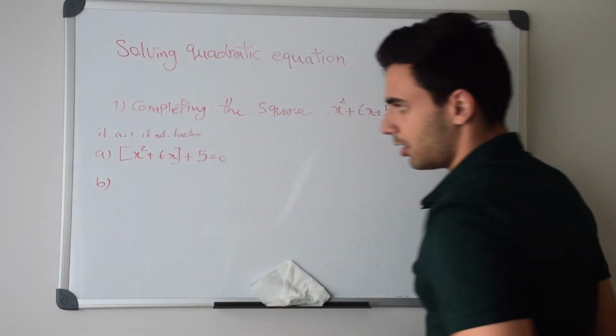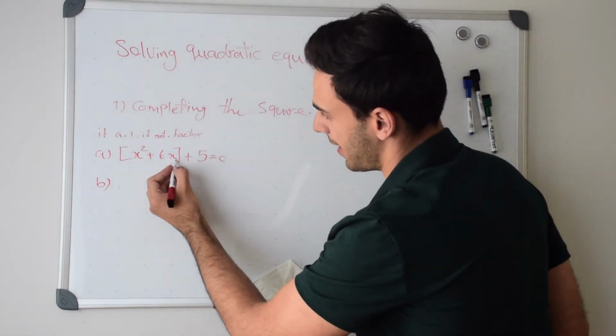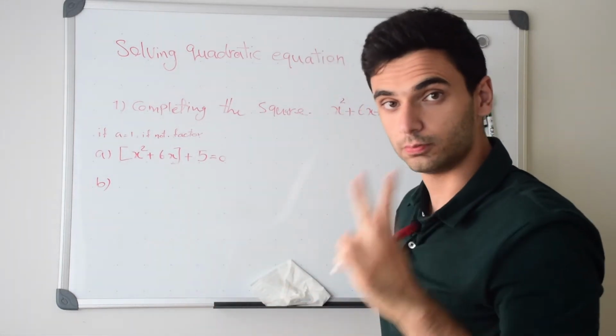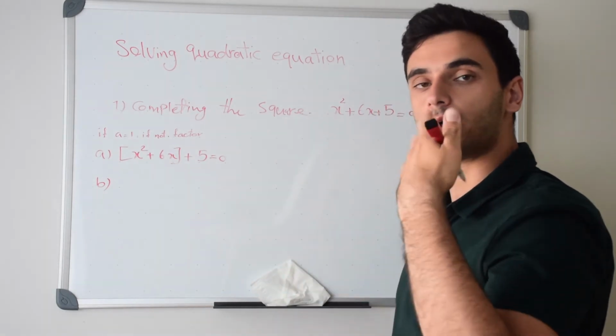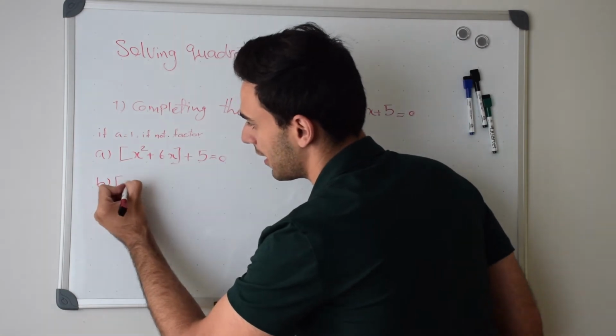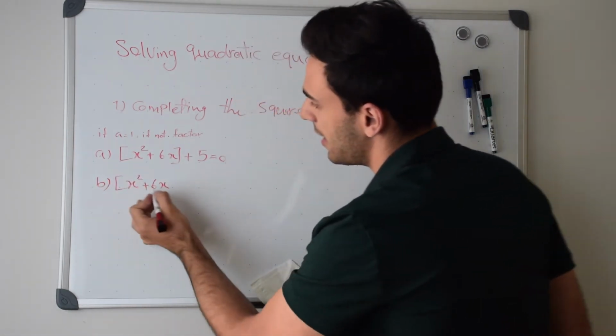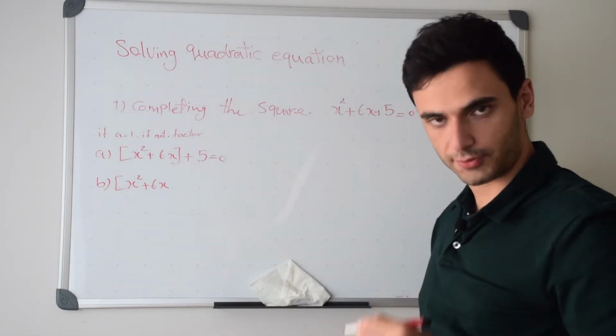Step B. I'm gonna divide the coefficient of x by 2 and then multiply it by itself. So I have x squared plus 6x. 6 divided by 2 is 3, right?